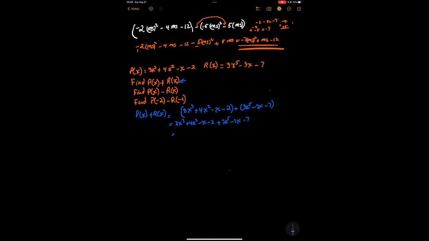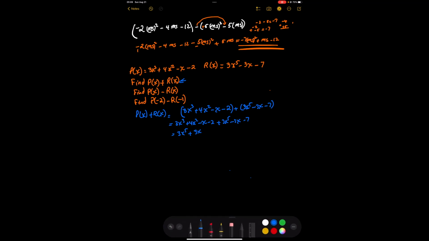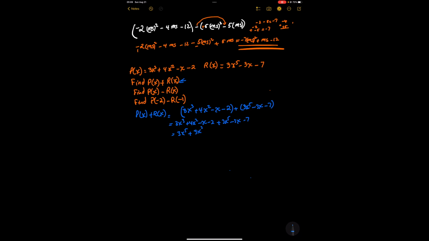In this case, 5 is the highest, so I'm going to put 3x to the 5th plus 3x cubed, plus 4x squared, negative x minus 3x is minus 4x, negative 2 minus 7 is minus 9. And this is p of x plus r of x.